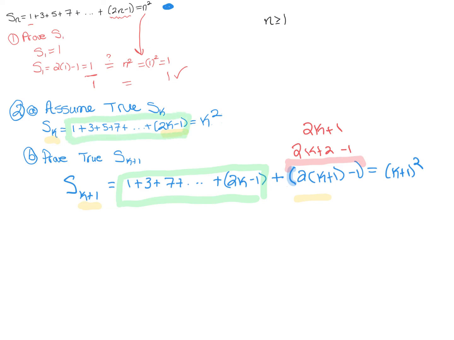And we know that that thing that I just boxed in green is equal to this. So this big green box right here, I can replace it with a k squared plus my 2k plus 1, that's this thing right here, that I cleaned up.